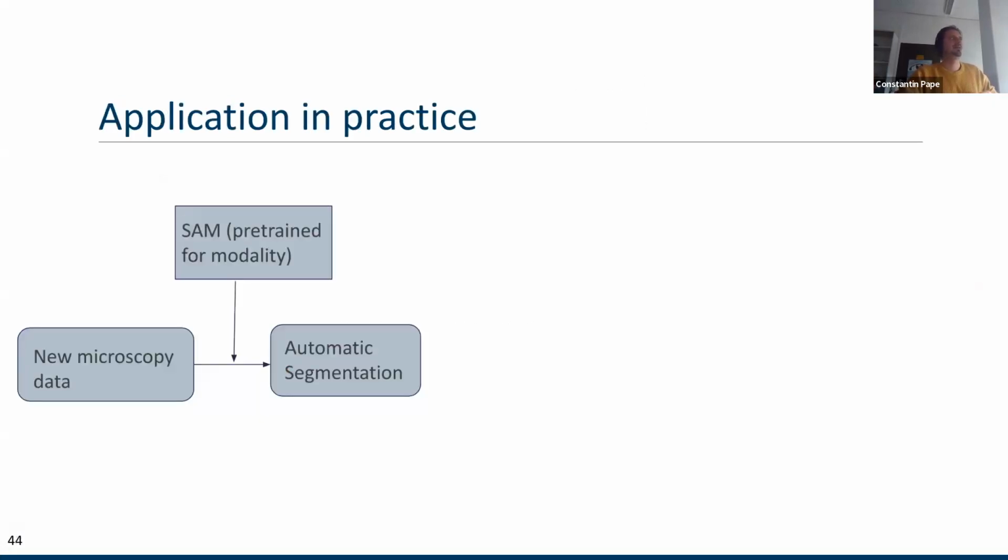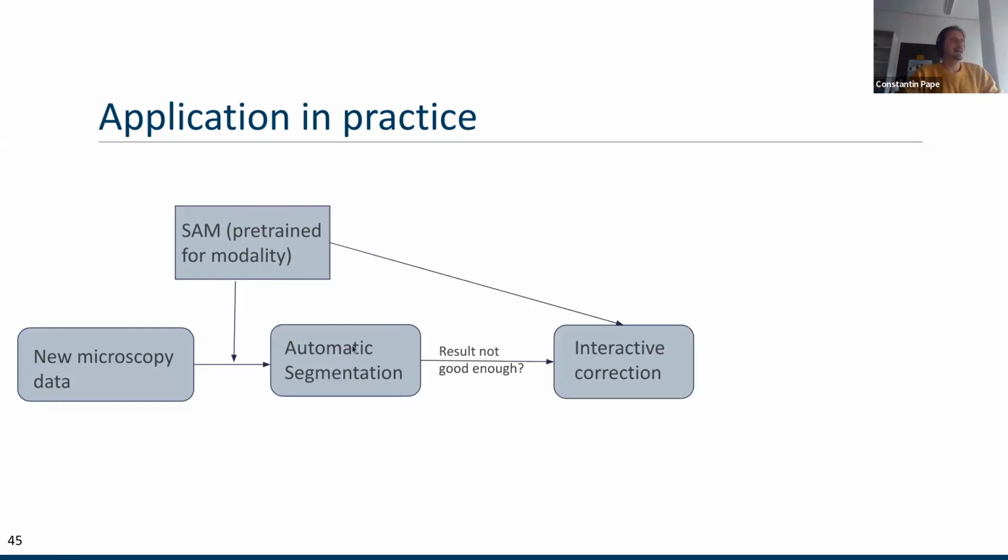This also brings me to how we envision and ourselves use the whole method in practice. If we have new microscopy data, we first check how well one of our pre-trained models, either the LM or EM model, works for this, how good the automatic segmentation is, and basically have two options. Either the result is already quite good, so we don't need to do anything and can just process the data.